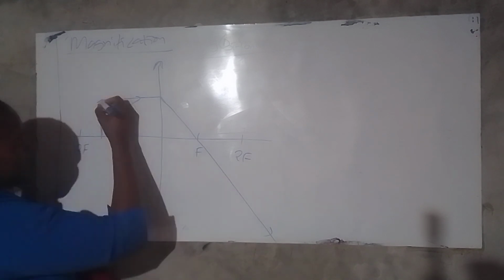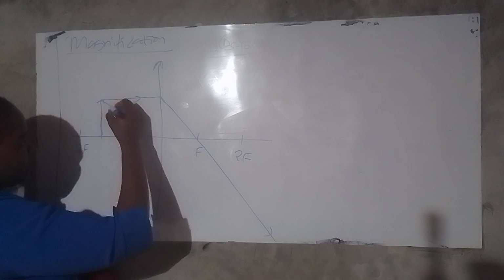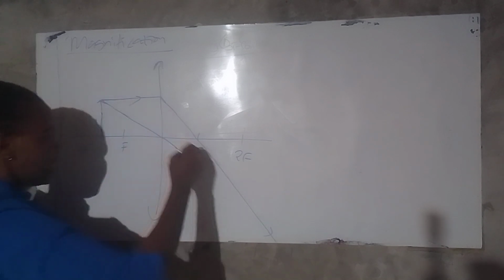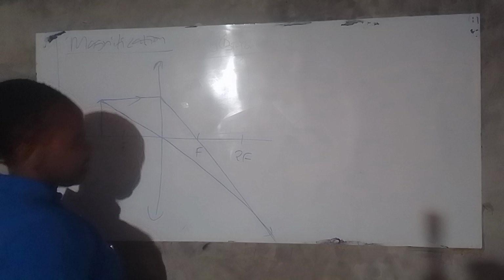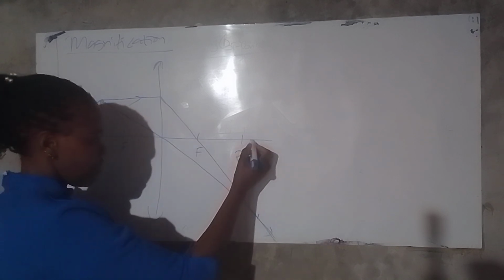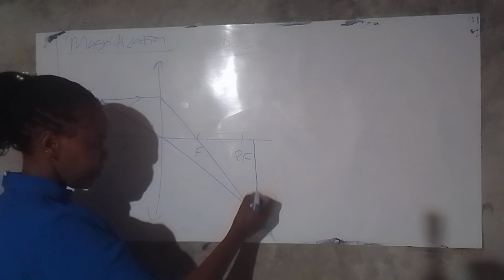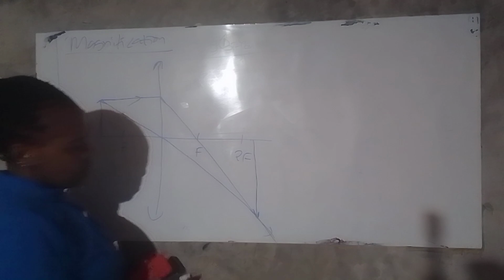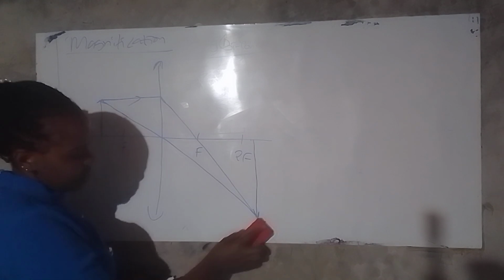And then we have another ray coming from the tip of the object to pass through the optical center, and that one should pass undeviated. Where the two rays meet, we said we draw a straight line to touch the principal axis. Okay, like that.